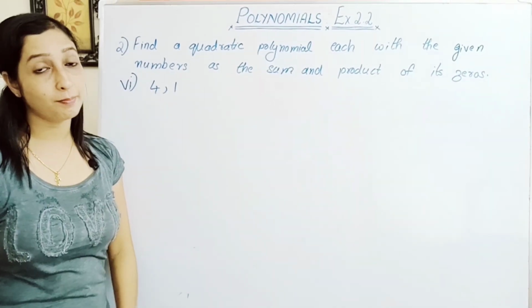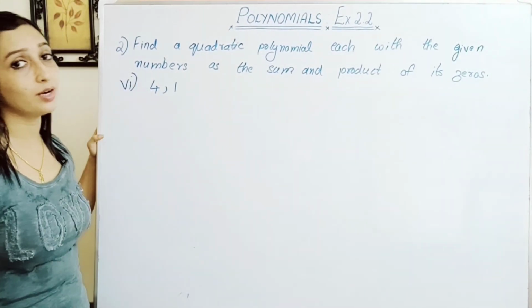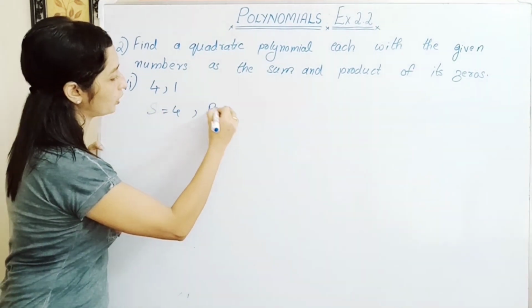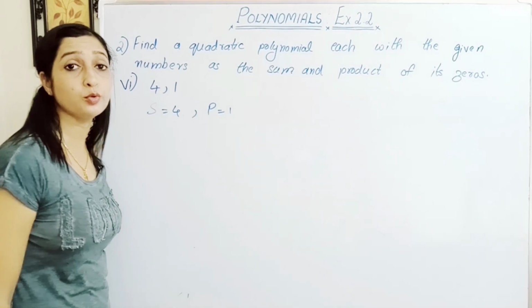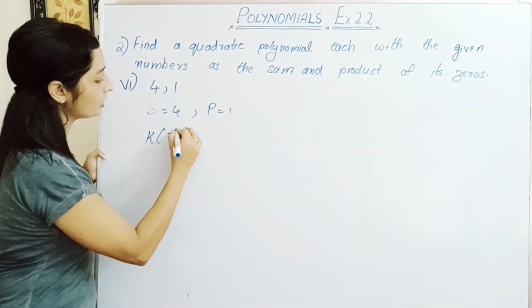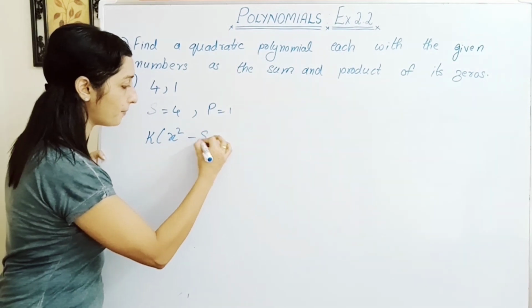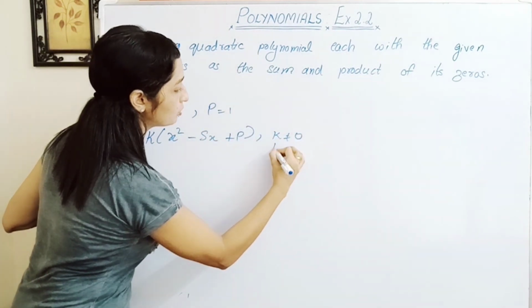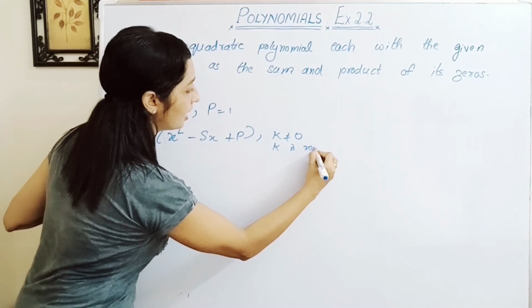So this is our part 6, which is 4 and 1. So given sum as 4 and product as 1, then how can you represent our quadratic polynomial? It is written as k into x square minus sx plus p, where k is not equal to 0 and k is real.